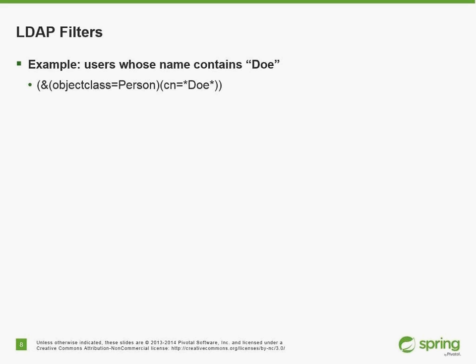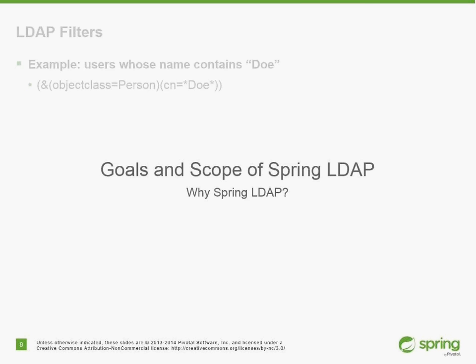In this case, we're looking for users whose name contains the string Doe, and that would be the LDAP filter displayed here. So you can see that LDAP filters will very quickly become complicated. They're hard to read, and they're pretty hard to build manually as well. So we have some pretty cool features to help you do that in Spring LDAP.